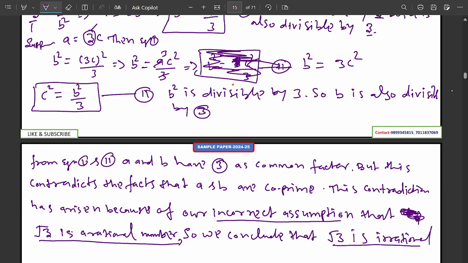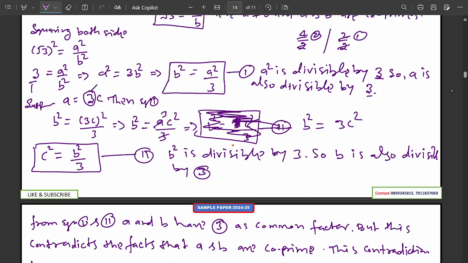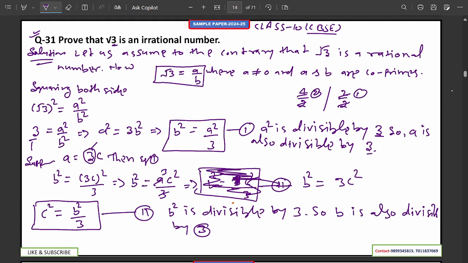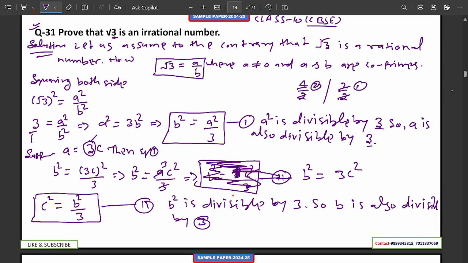This statement talks about this. You can solve this question the same as it is in the board examination. This is a very important question from the exam point of view.